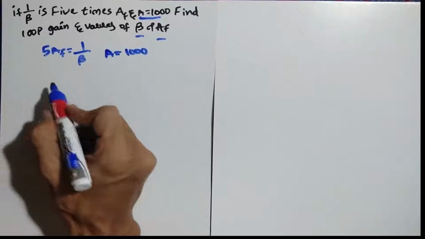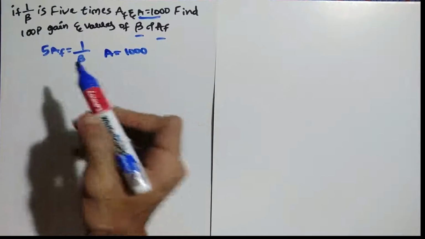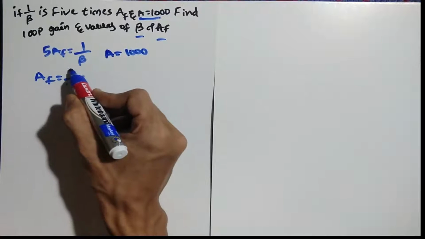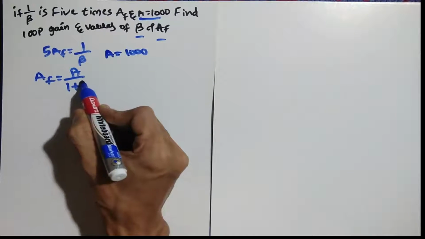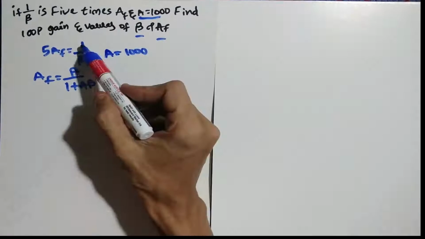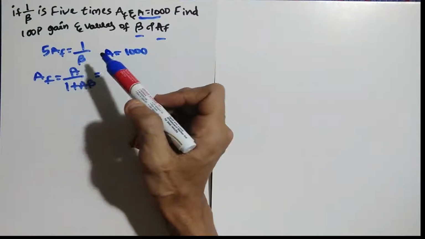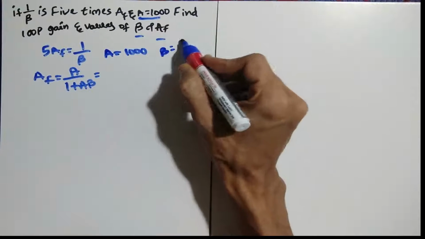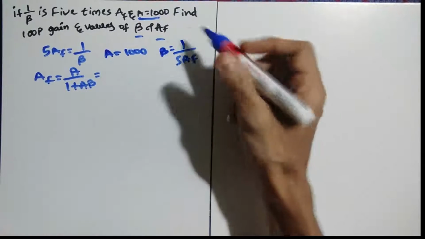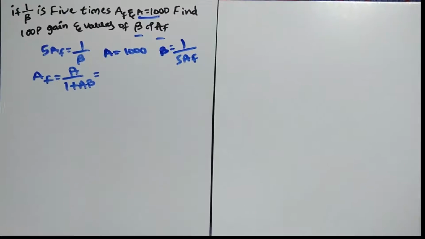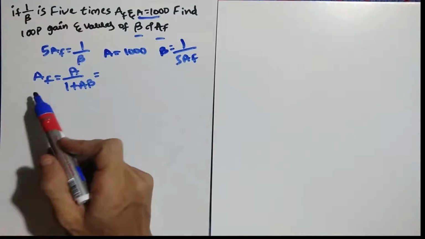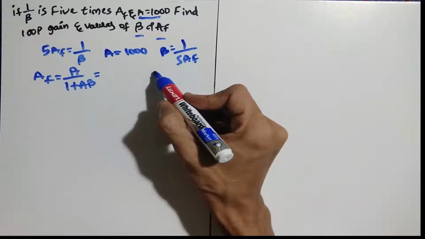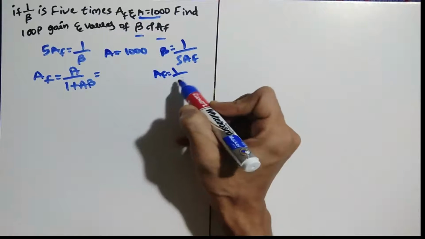So we can use the AF, beta, A formula together: AF is equal to A divided by 1 plus A beta, where we apply 1 by beta equal to 5 AF. If you want beta, then beta is equal to 1 divided by 5 AF. So from this rule, wherever beta is there, you can apply this and find AF, or the opposite operation also, that means AF is equal to 1 divided by 5 beta.